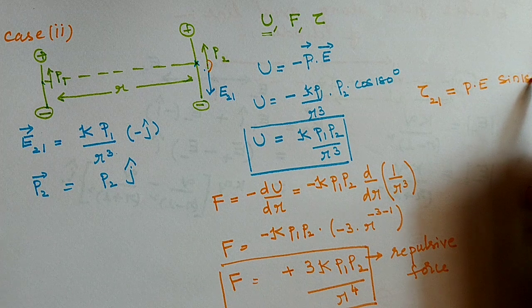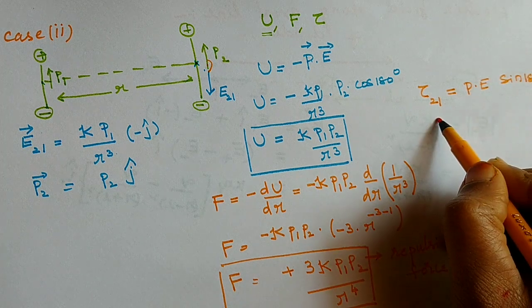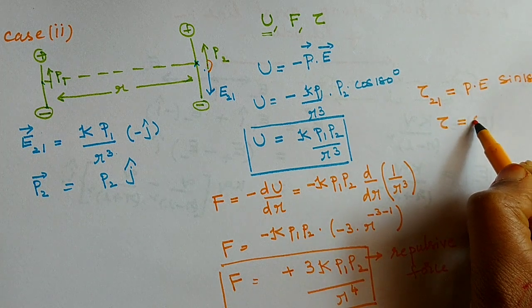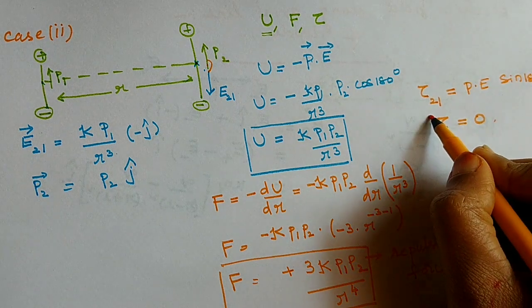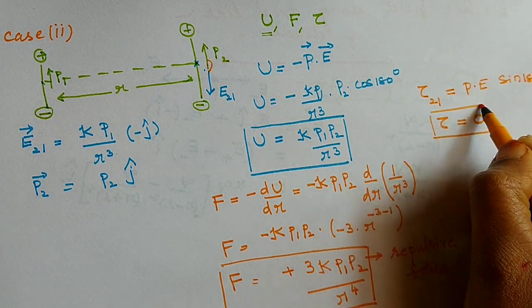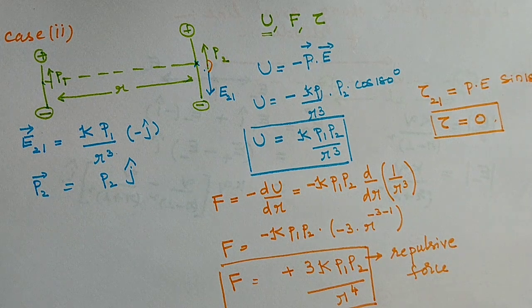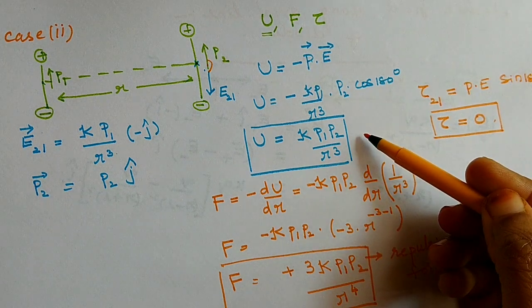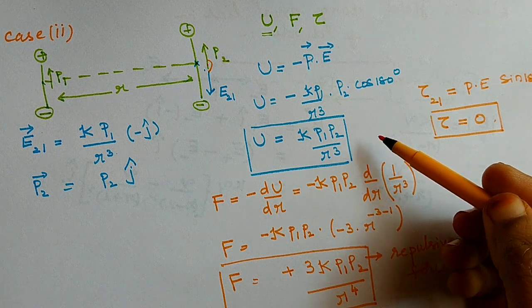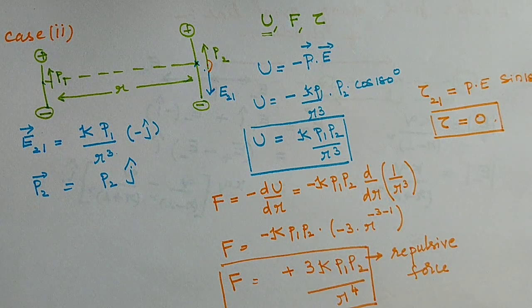So you will get sine 180. Since theta is 180, torque would obviously become 0. So the torque acting on one dipole due to another is 0. This is your force, and this term gives you potential energy. So this is the second case of two dipoles.